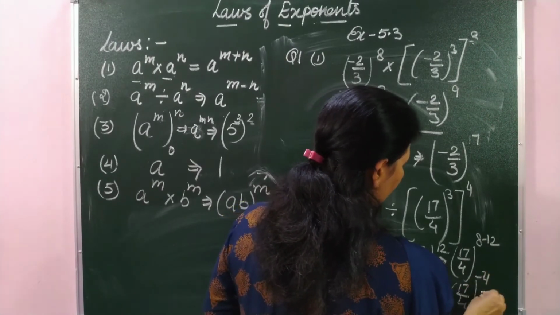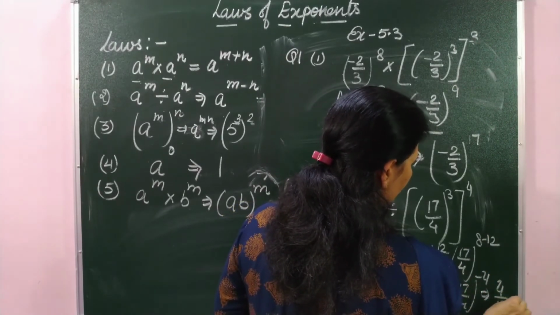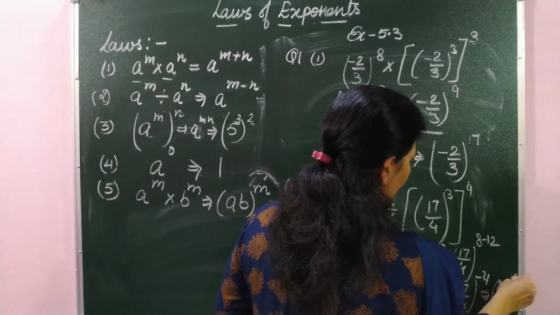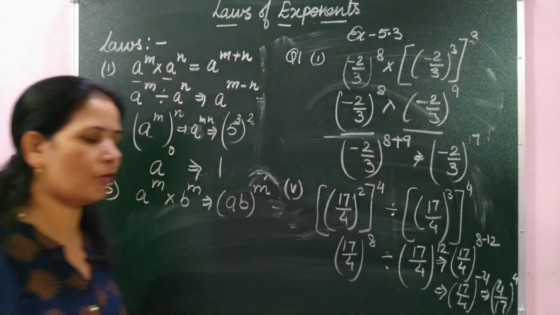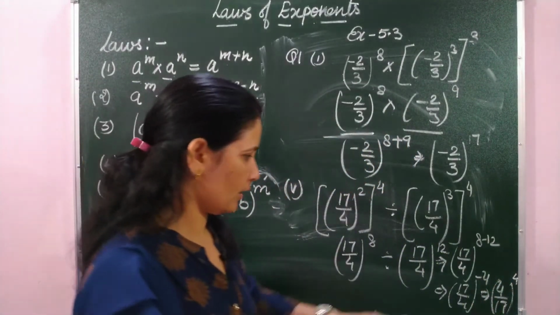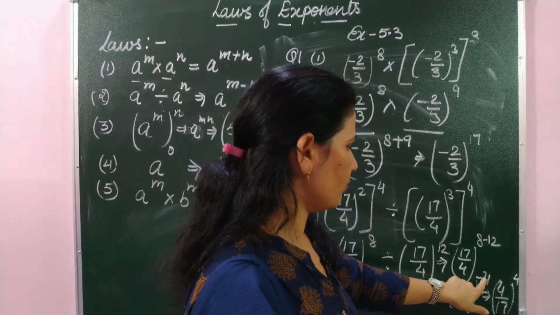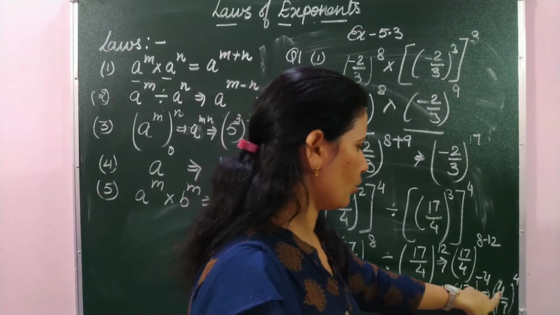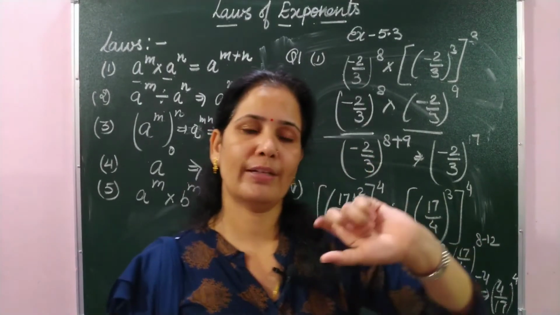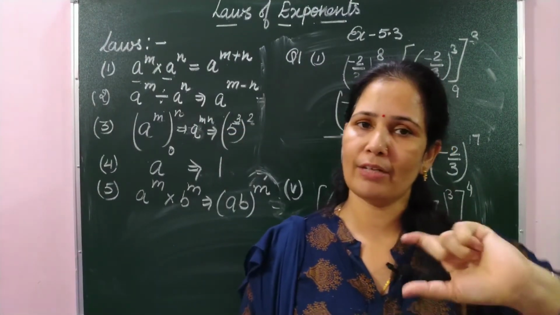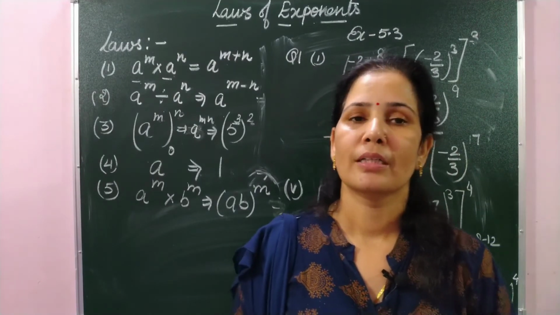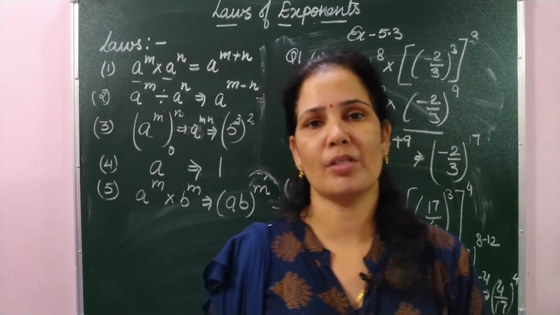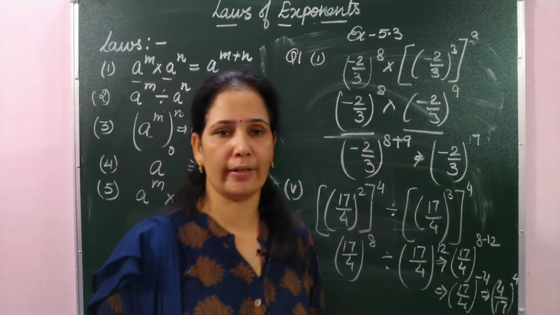To make the power positive, take the reciprocal, and it will become 4 by 17 raised to the power positive 4. We have taken the reciprocal here because 17 power minus 4 goes downside, and the minus power comes upside. Students, I told you that when the powers are negative and we take the reciprocal, then the negative power converts into positive power. So the same thing we did here.